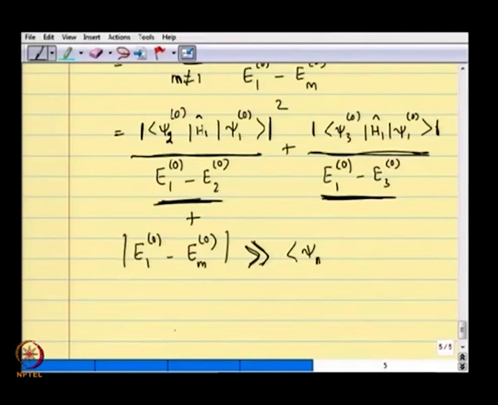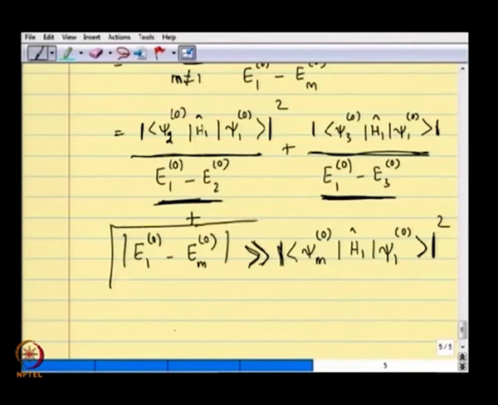the absolute square of psi m 0, H1, psi 1 0. Now this is a precise statement of the validity of perturbation theory.